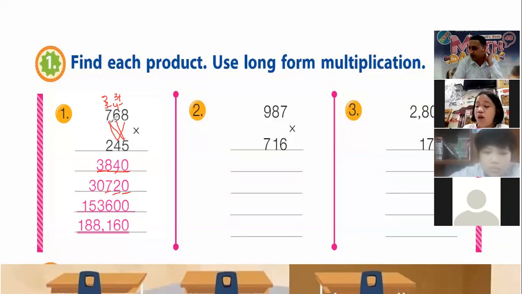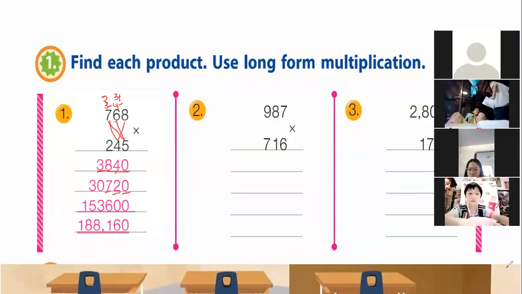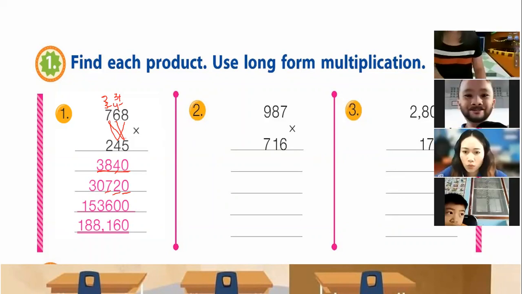4 multiplied by 7 becomes how much, students? Can you answer me, please? Students, please answer me. 5 multiplied by 7. Who can answer, students? Don't be shy. You can answer. Come forward, answer me.